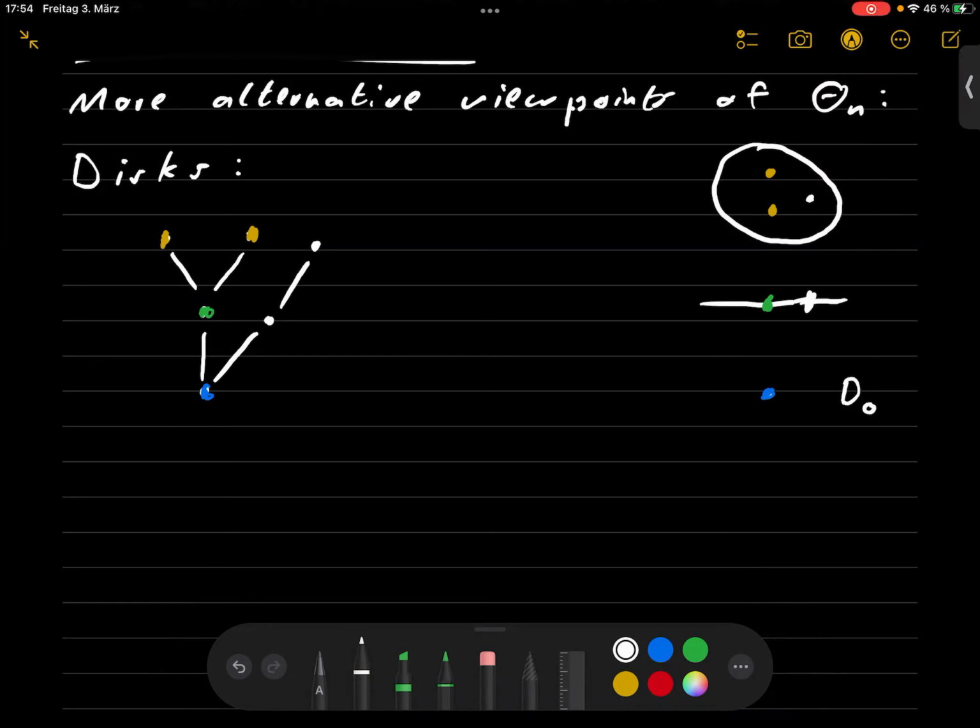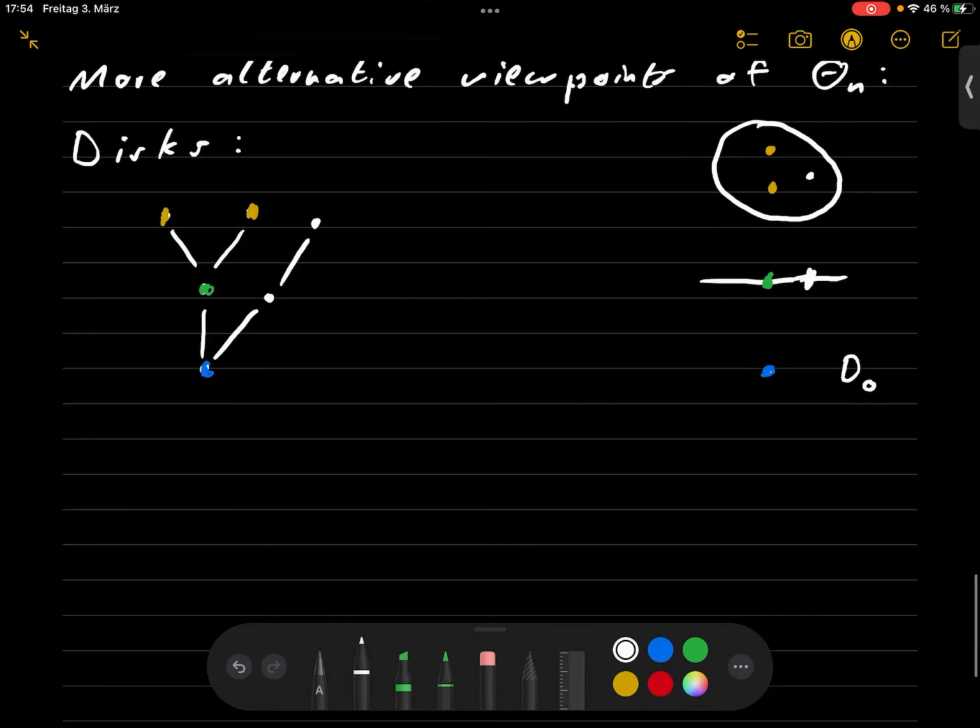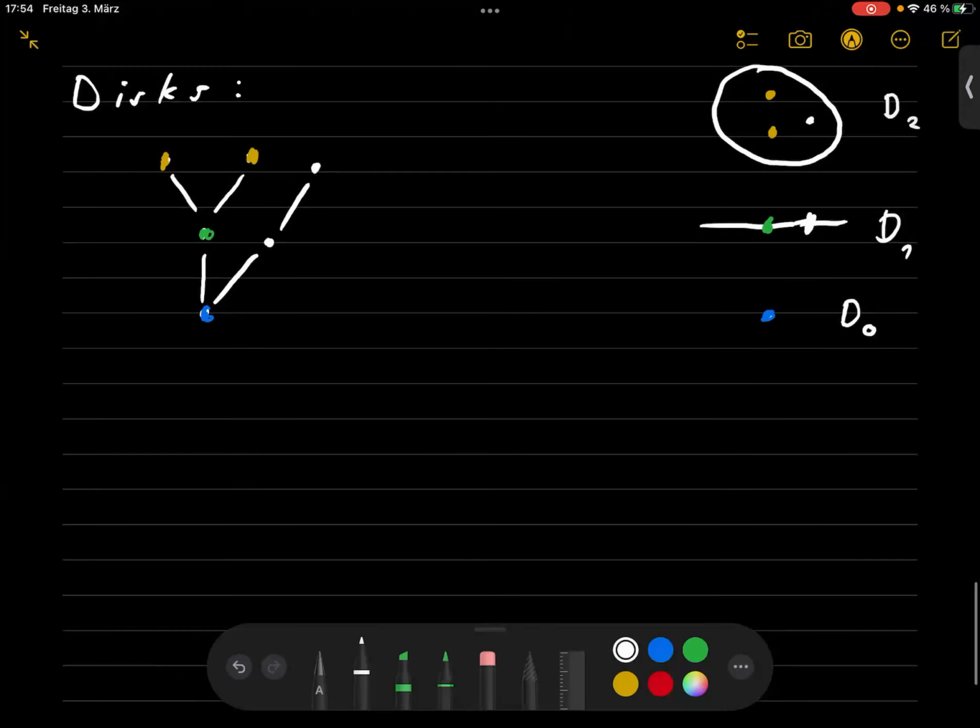We draw an n disk at the nth place, and then the 0 part is just the point, and the fiber of the projection of the interval down to a point, we always project one dimension away, and so here everything is contracted maybe to the middle line, if you want to think of it like that.